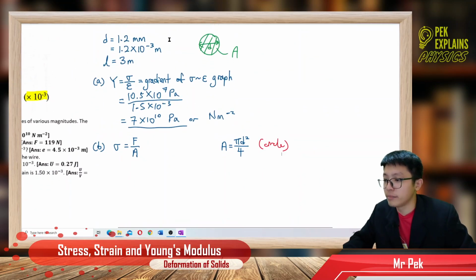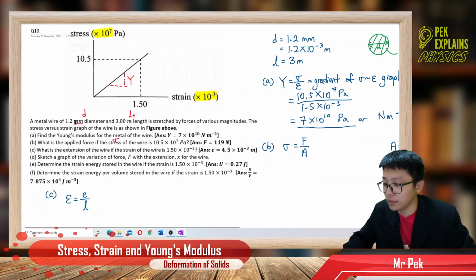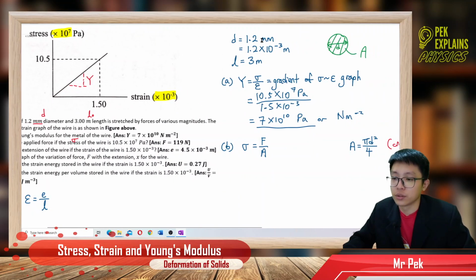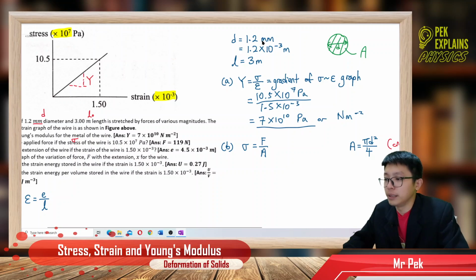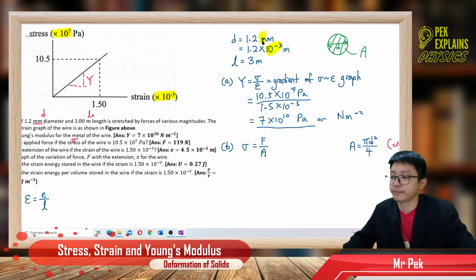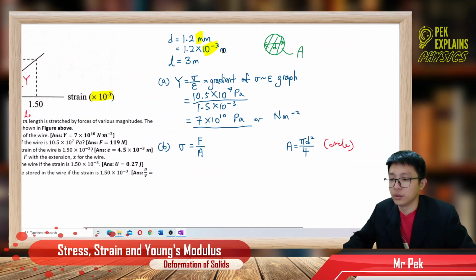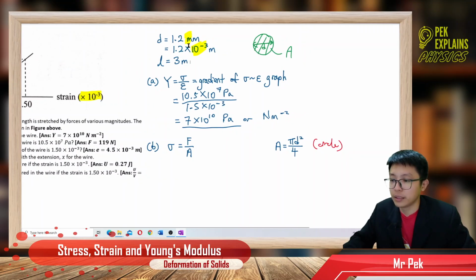So remember, your diameter given is in millimeter. So the milli, you need to change to exponent negative 3. Then you just substitute the diameter 1.2 exponent negative 3 into the formula pi d squared over 4, and you can find the area.